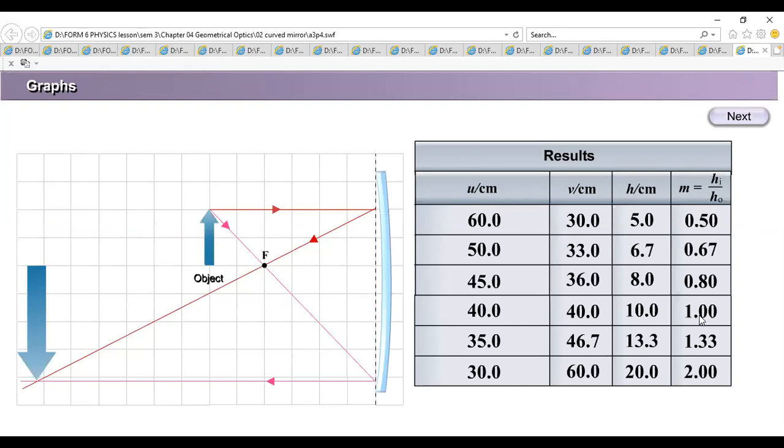If it is greater than 1, the image is greater than the object, magnified. If it is less than 1, 0 point something, the image is a diminished image. If m, the linear magnification, is equal to 1, it means the same size.